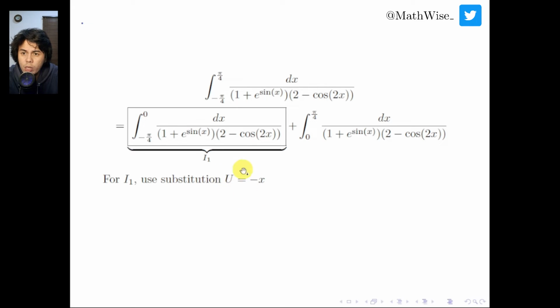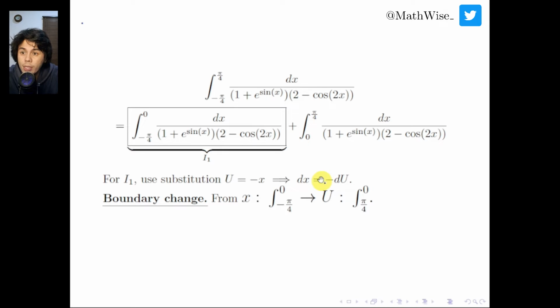So I want to use the substitution u equals minus x, and by the substitution, dx is equal to minus du. Easy to check. And then notice that the boundary will also change. Initially, we have x from minus pi over 4 to 0, and in terms of u it will be from pi over 4 to 0.